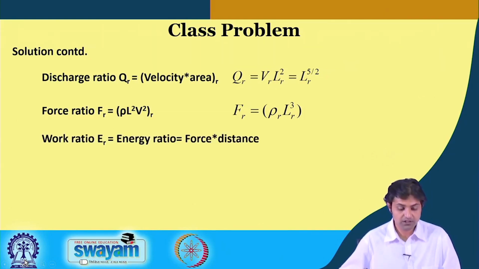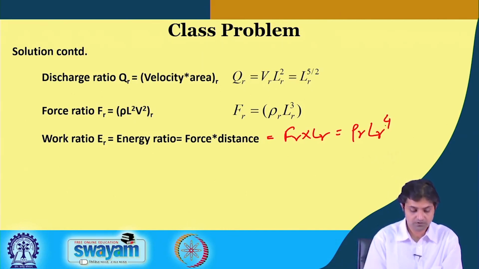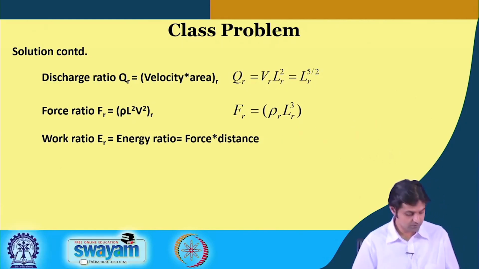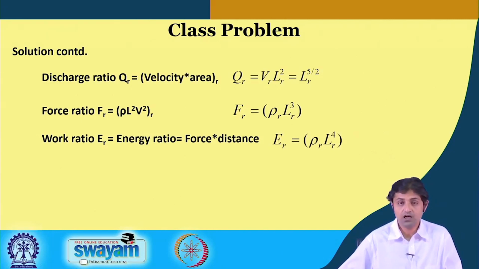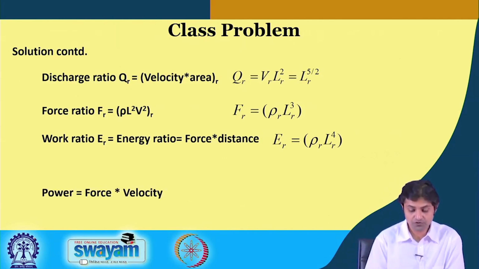What about the energy ratio? Energy ratio is force into distance. So, Fr into Lr, so it becomes rho r Lr to the power 4. Now, power is force into velocity.